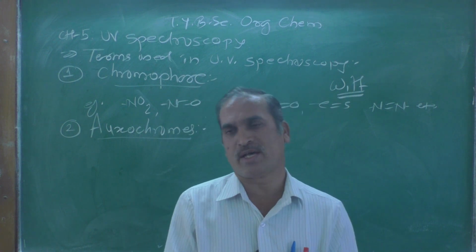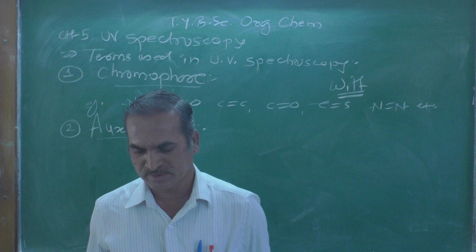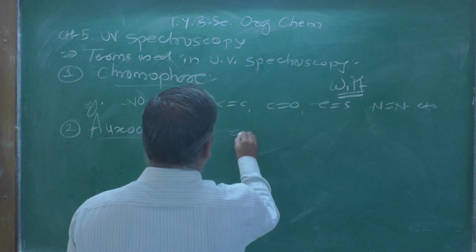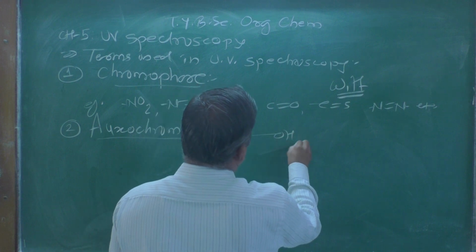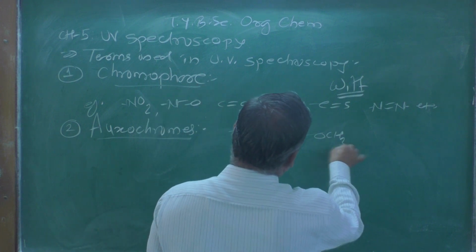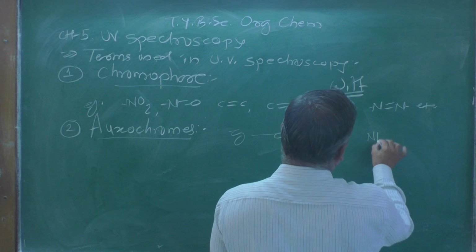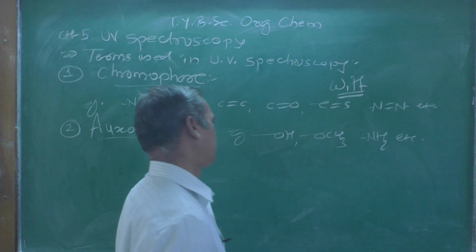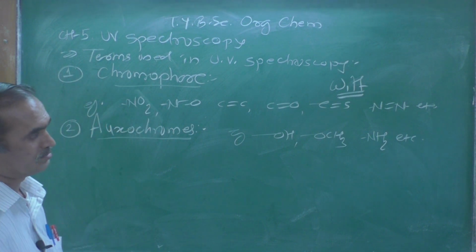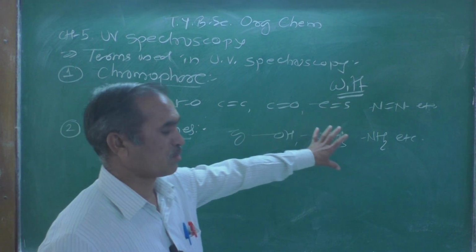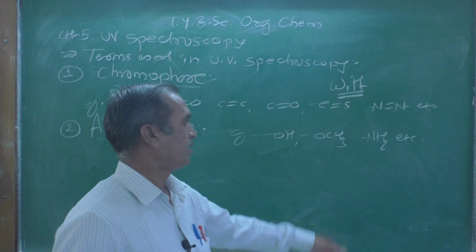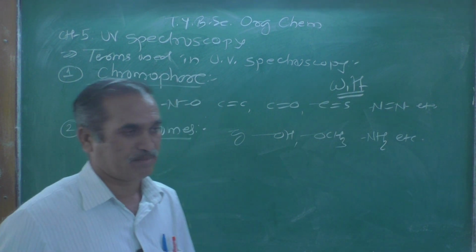Some examples are OH, OCH3 or NH2, etc. These are functional groups: alcoholic, ester type, and amine.